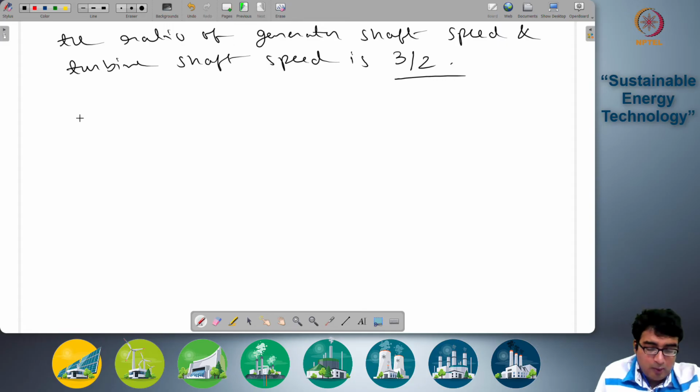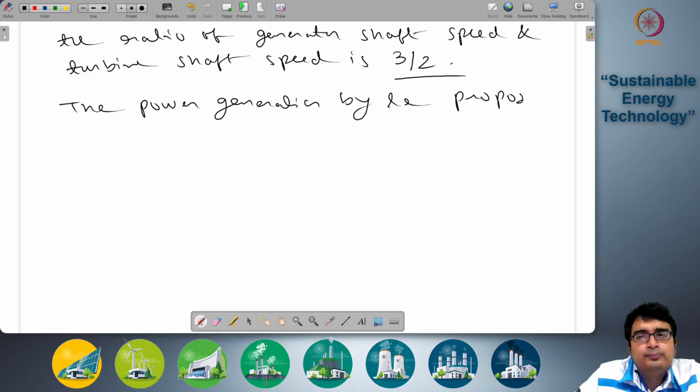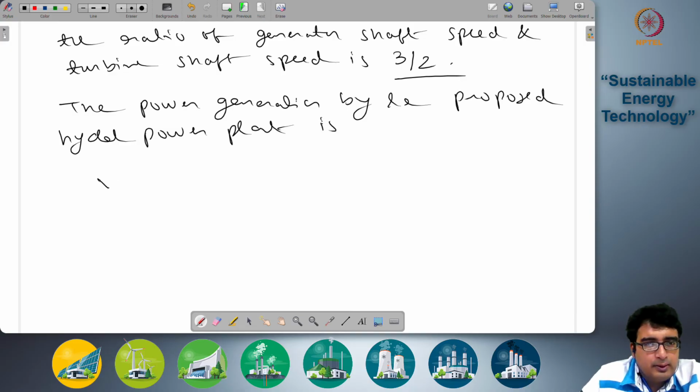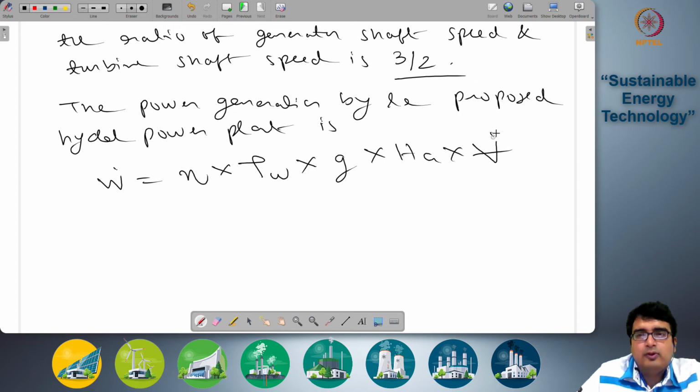So firstly, we have to figure out how much power is being delivered by this generator. Okay, so the power generation by the proposed hydropower plant is W dot equals efficiency into density of water into G into available head into the volume flow.